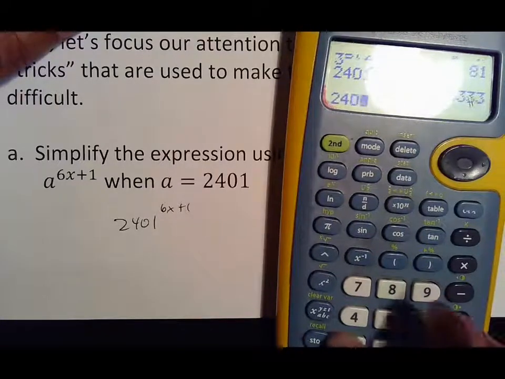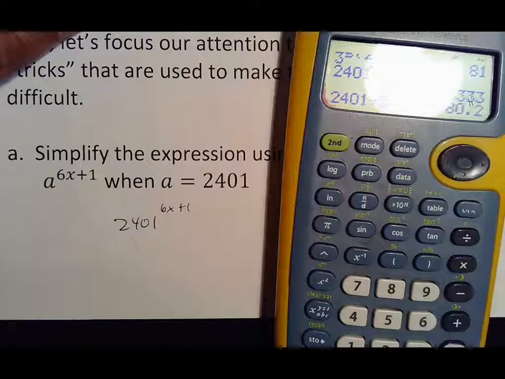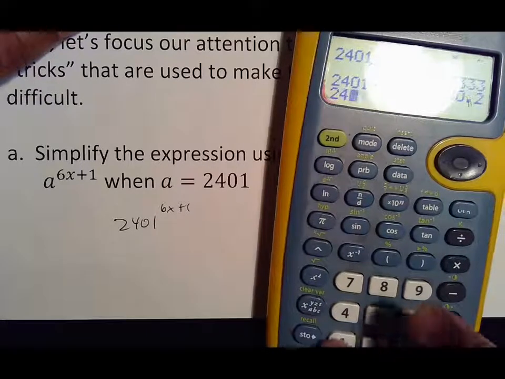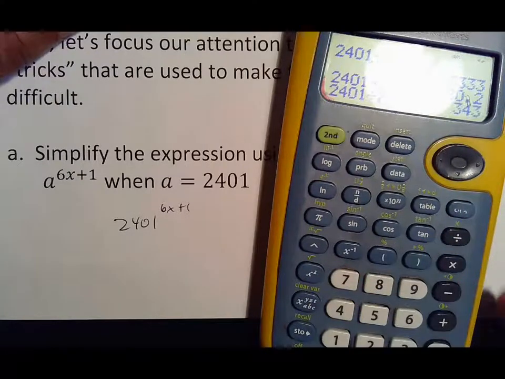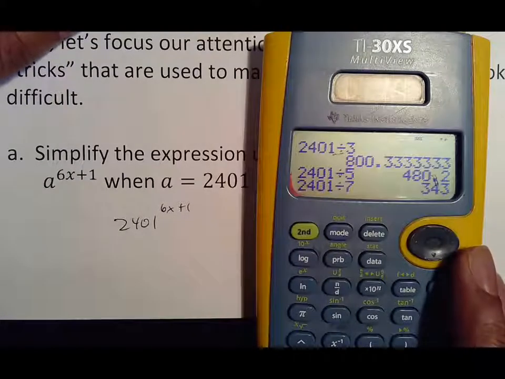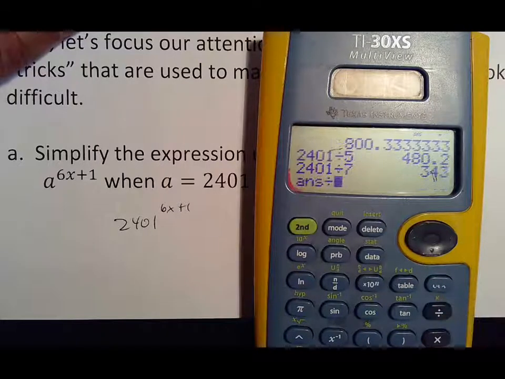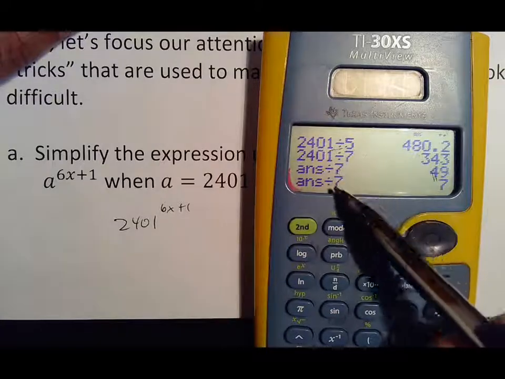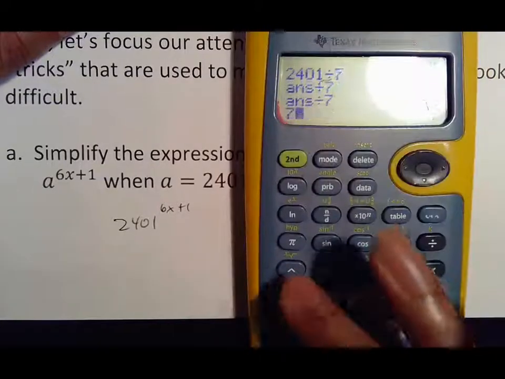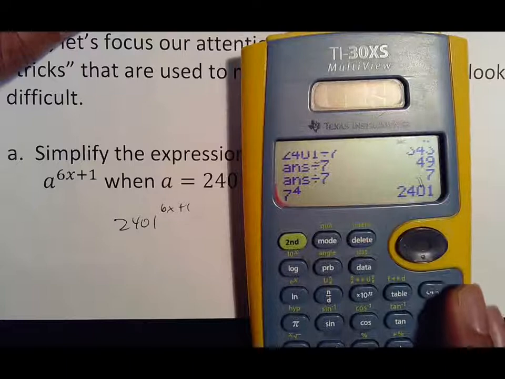Nope. 5. I knew better than that. 7. There it is. So 7 goes into 343. I think you can divide by 7 again and divide by 7 again. That would be 1, 2, 3, 4, 7. So I believe 7 to the 4th is your 2401.